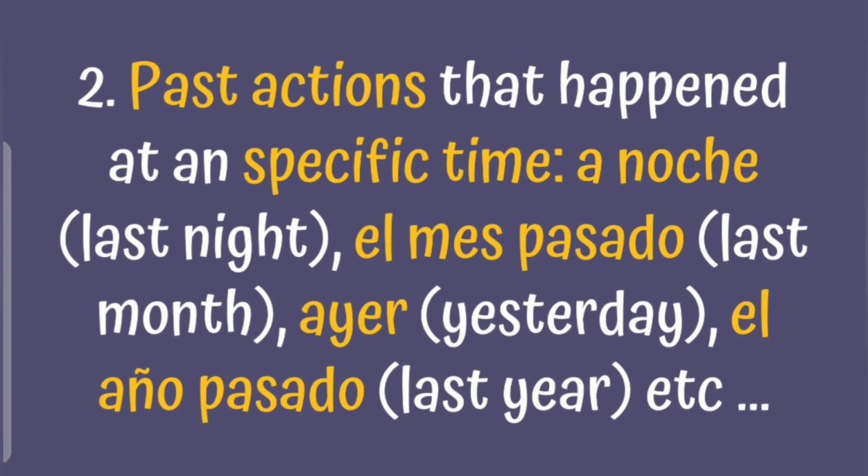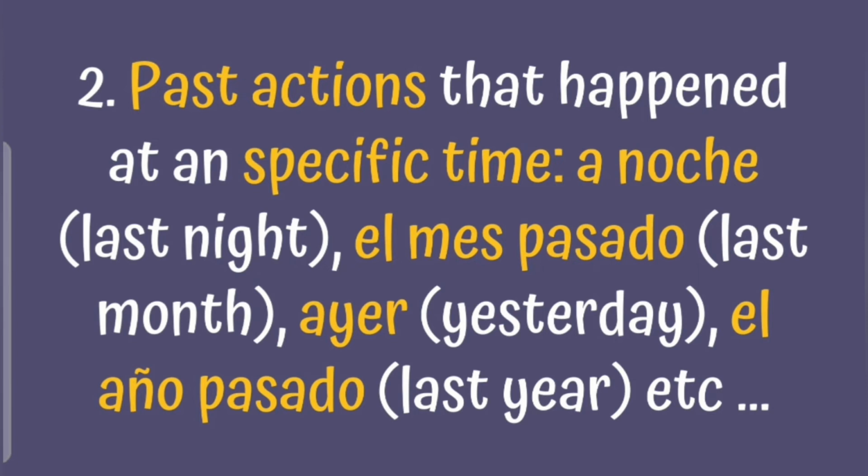Now, case number 2. We have to use the indefinite past when we're talking about past actions that happened at a specific time, and we have these phrases. Pay attention if you have them, because it means you have to use the indefinite past.